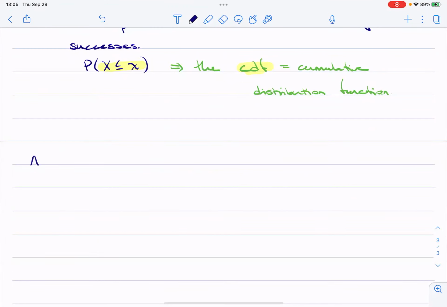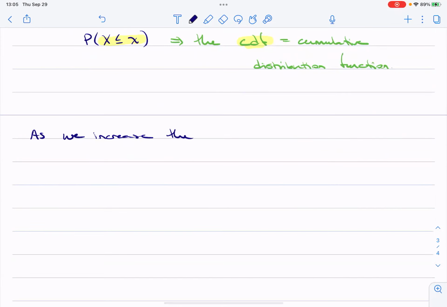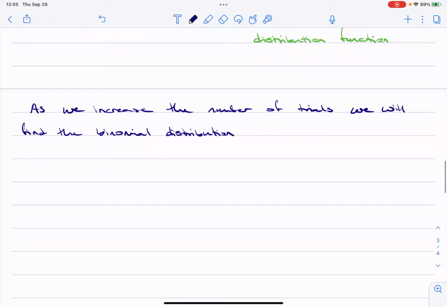So as we increase the number of trials, we will find the binomial distribution tends towards the normal distribution.